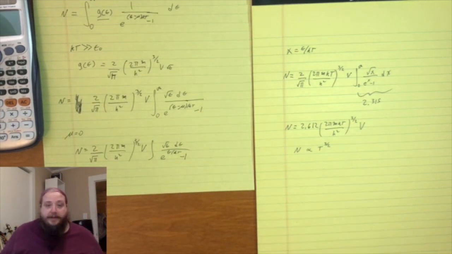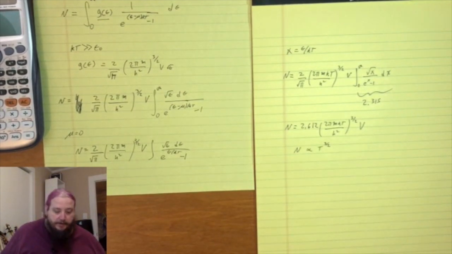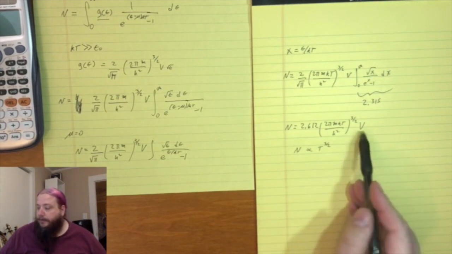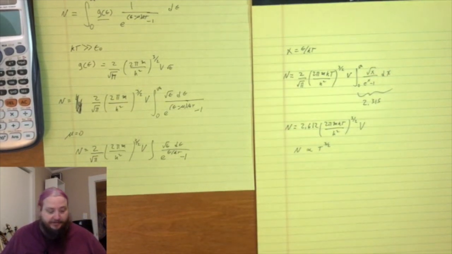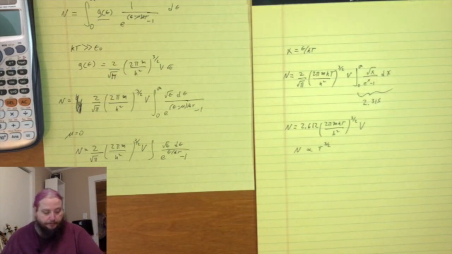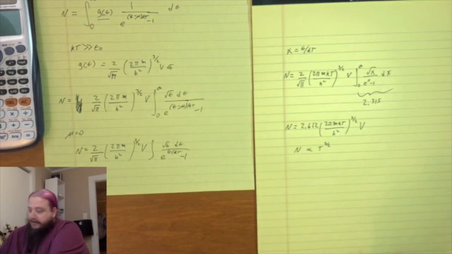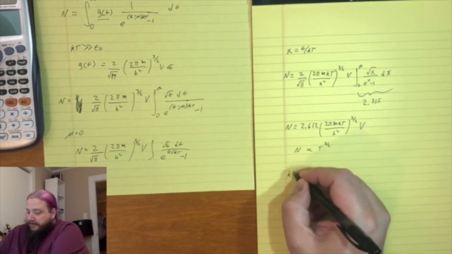But in this case, obviously, this is not correct. On the other hand, it's correct for at least one value of temperature, right? There is some temperature for which this will give us the correct number of particles. And indeed, we could invert this and solve for that temperature.